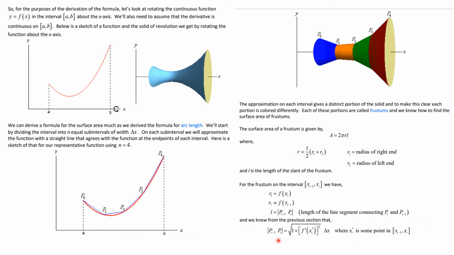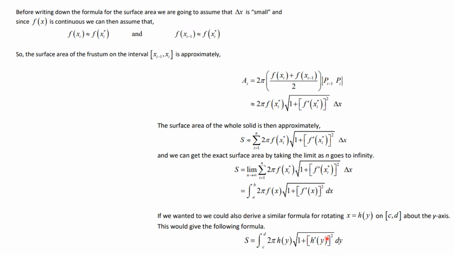And so we know from the previous section that we use the mean value theorem to find something here. And so this distance along the arc length is approximated by the square root of 1 plus f prime at that special point found by the mean value theorem, whole squared, times delta x. And since delta x is very small and f is continuous, there's not much difference between f of x sub i and f of x sub i minus 1.